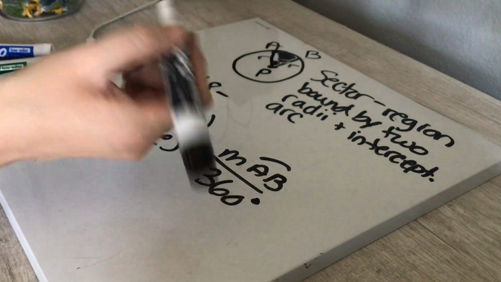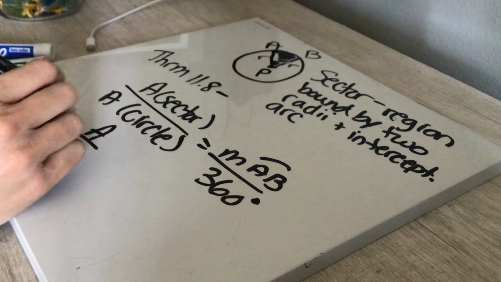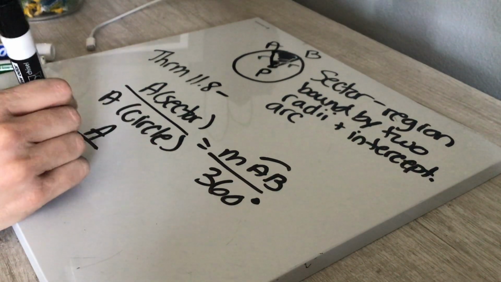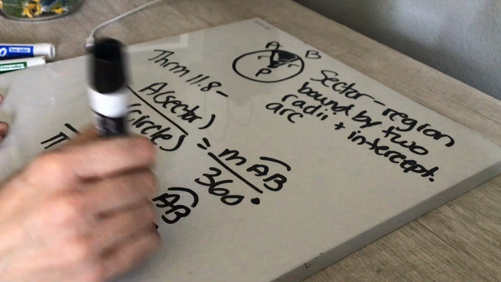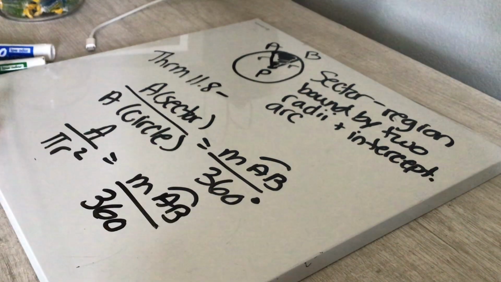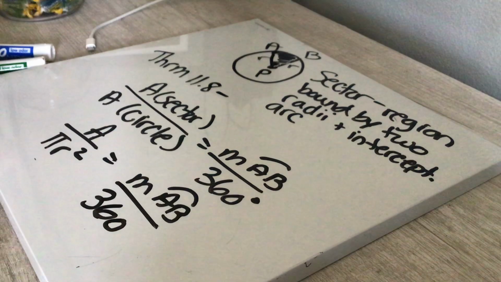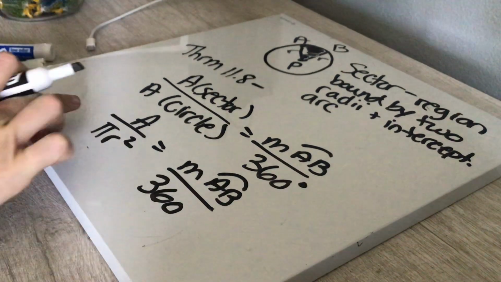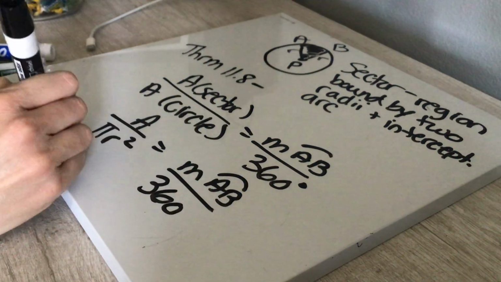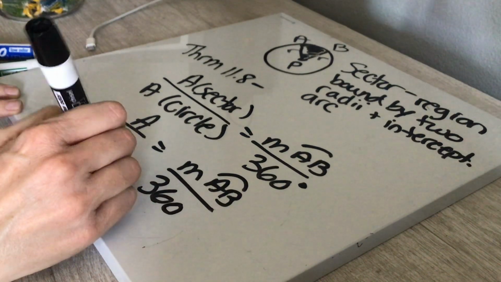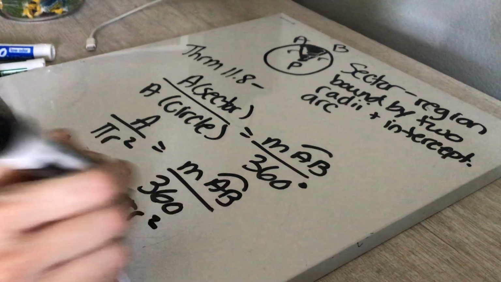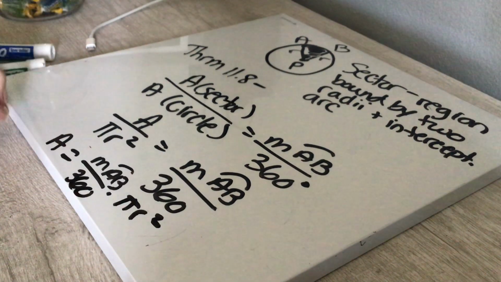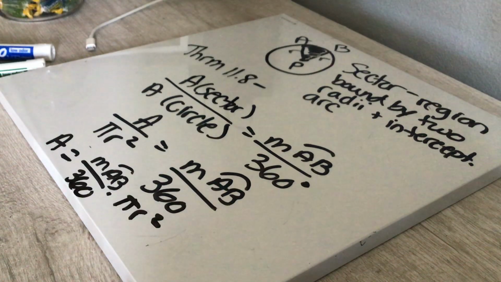Okay, so if we call A the area of the sector, A over the area of a circle, pi times the radius squared, equals the measure of the arc compared to 360. Okay, you could get A by itself if you wanted to, right? Just multiply by pi r squared. So A equals the measure of the arc over 360 times pi r squared is what the theorem tells us. So it tells us how to find how much pi we're getting from the circle. Okay?